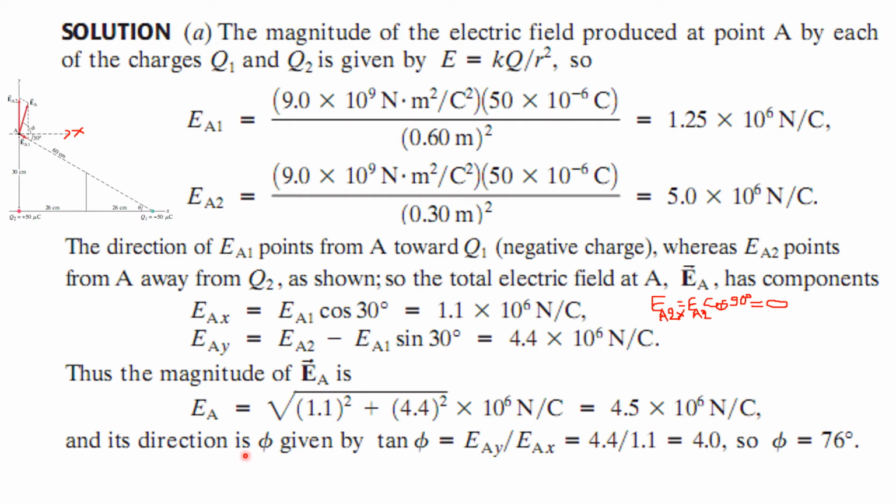And its direction is given by the tangent of the angle that this electric field makes with the x-axis, which is equal to the y component divided by the x component. Y component 4.4 times 10 to the power 6 Newton per Coulomb, x component 1.1 times 10 to the power 6 Newton per Coulomb, which gives 4. Then phi is determined as the arctan of 4, which is equal to 76 degrees.